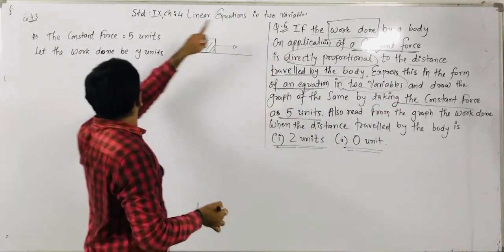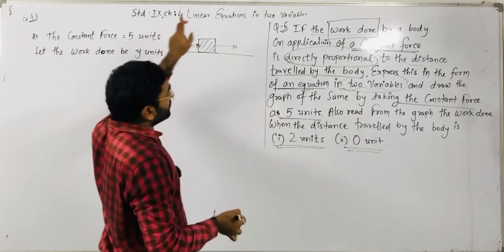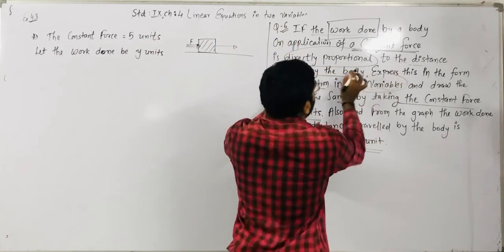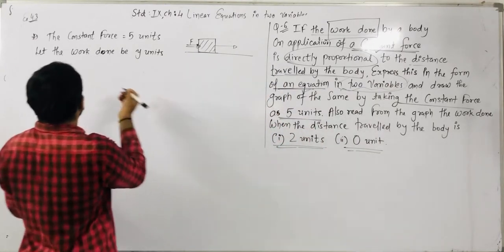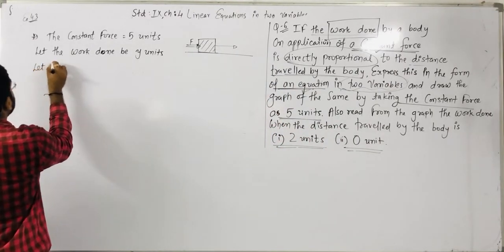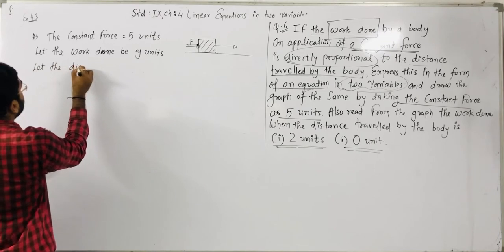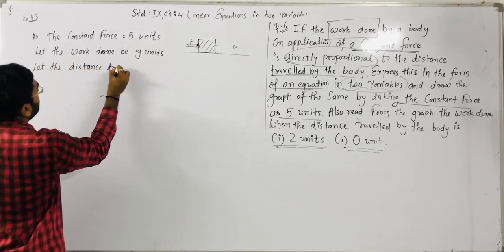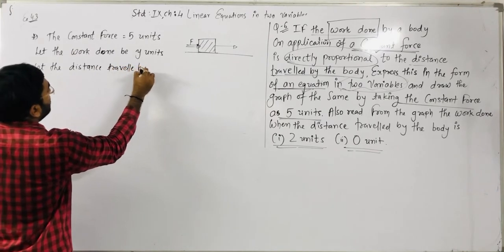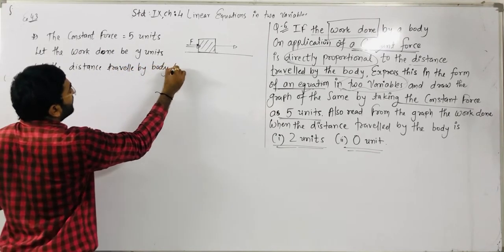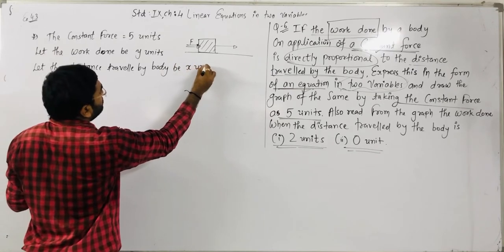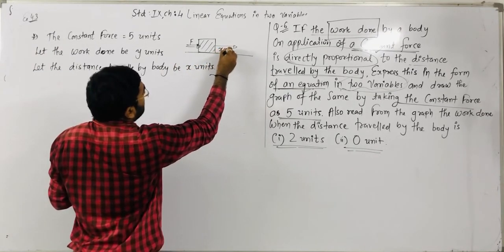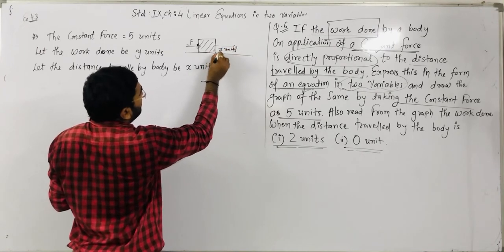Work done we assume as y units, and the distance traveled by the body, or displacement, we assume to be x units, right? So x units is the displacement.